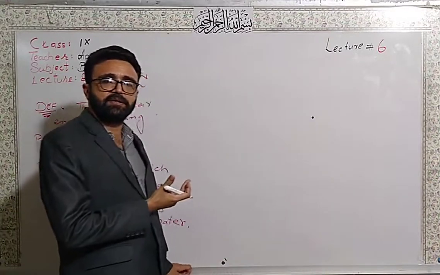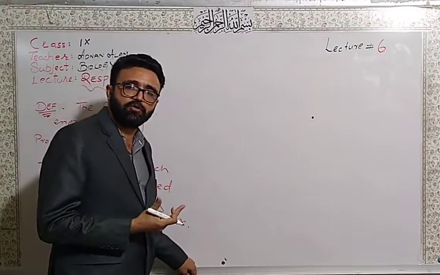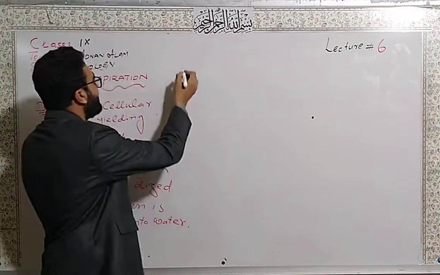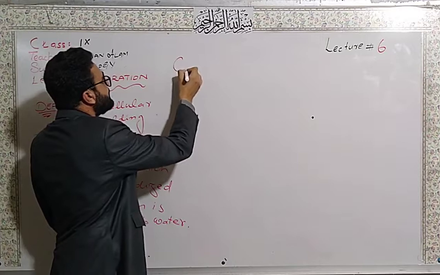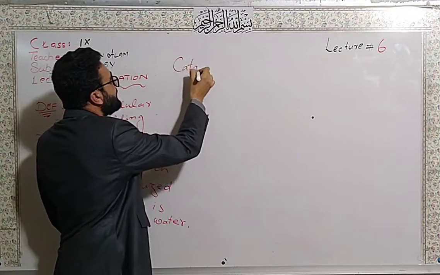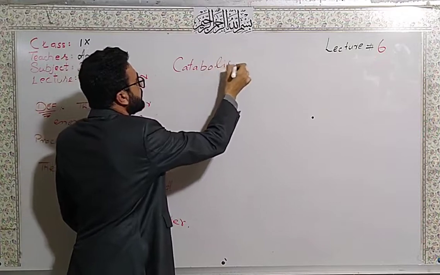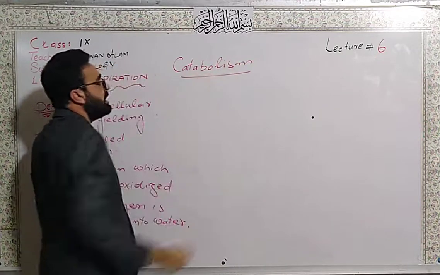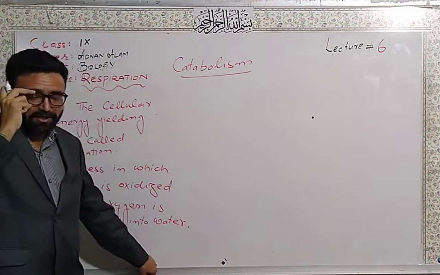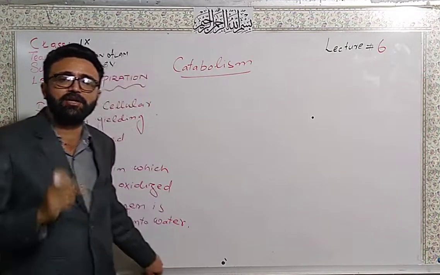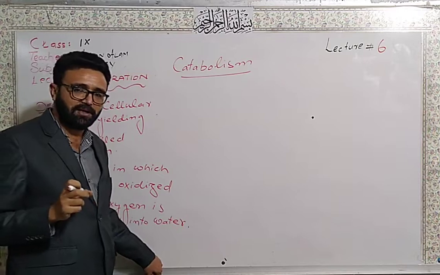Previously we discussed the photosynthetic process. Photosynthesis is anabolism, while respiration is also metabolism, but it is catabolism. Here, destruction of the molecules will take place and energy will be released.